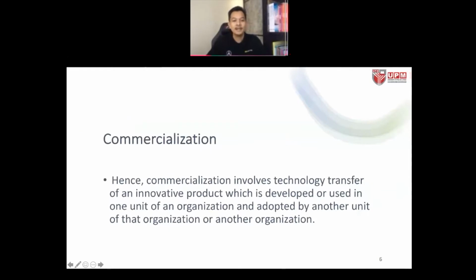Commercialization also involves technology transfer, meaning that when you sell the IP, you transfer the innovative product, which is developed or used in one unit of an organization, to be adopted by another unit of that organization or another organization.